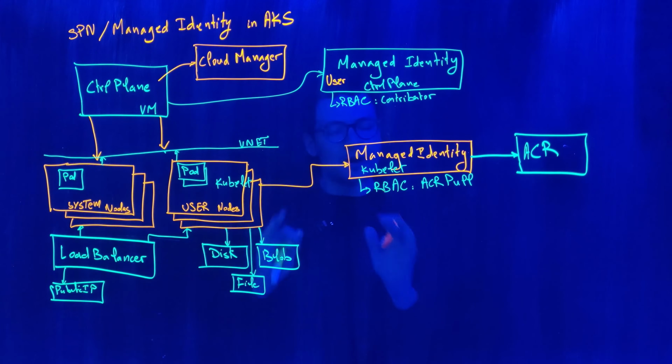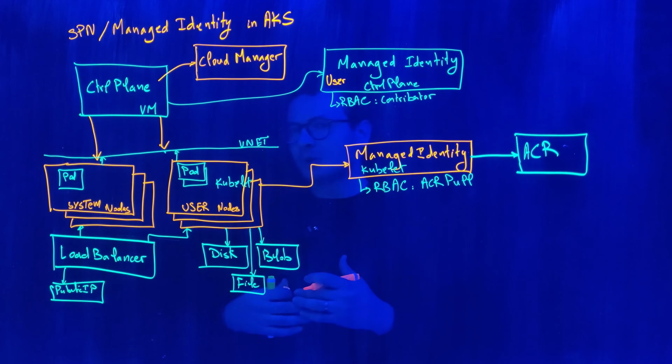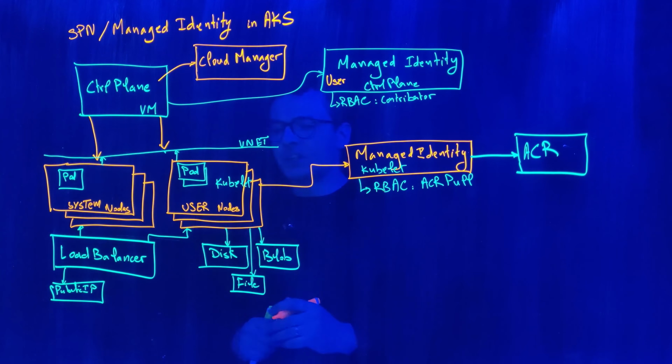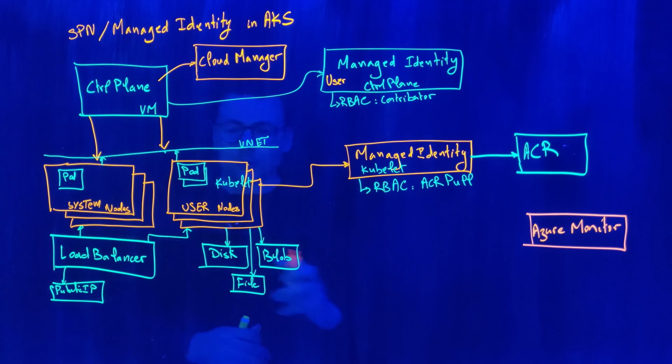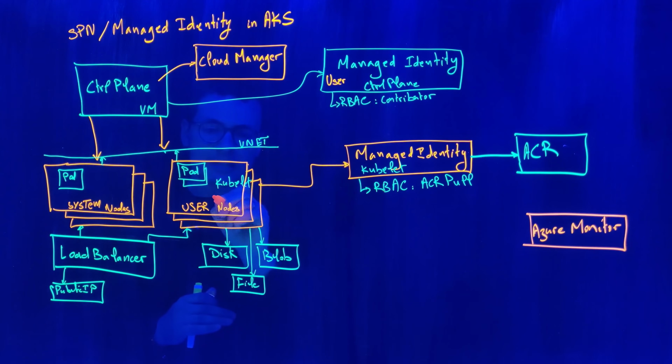Yet we still have some other managed identity that could be used within our cluster. When I want to use Azure Monitor in order to get the logs and metrics from my cluster, with this solution I would have some pods deployed for Azure Monitor inside my cluster, and those pods will need to collect the logs and metrics from my cluster and then send them to Azure Monitor.